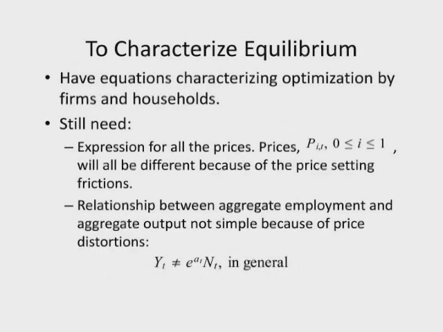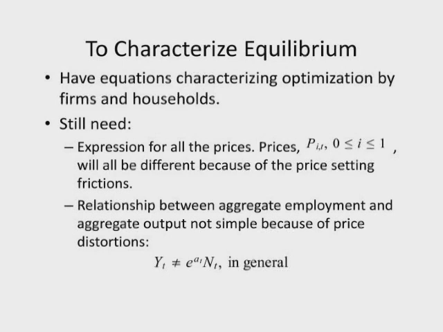The name of the game here is let's get this to a small set of equations. We have equations that characterize optimization by people, but we still need the aggregate consistency conditions that we don't have. We have individual optimization, but I don't have anything that looks like a resource constraint, or anything like the price restriction across prices.